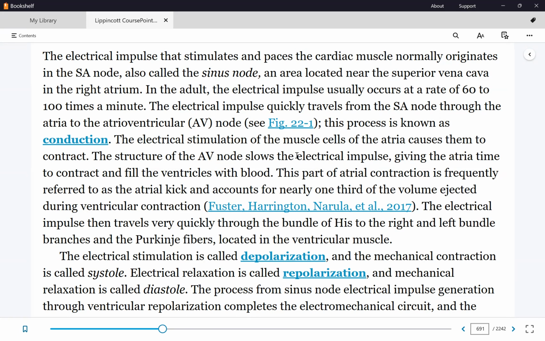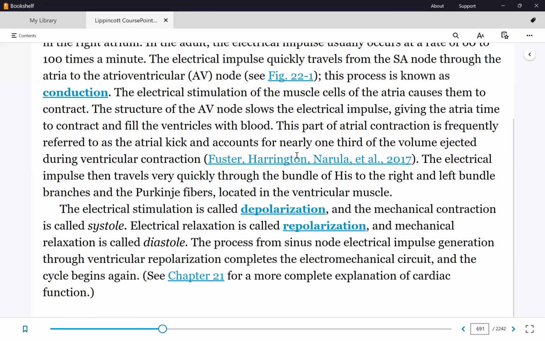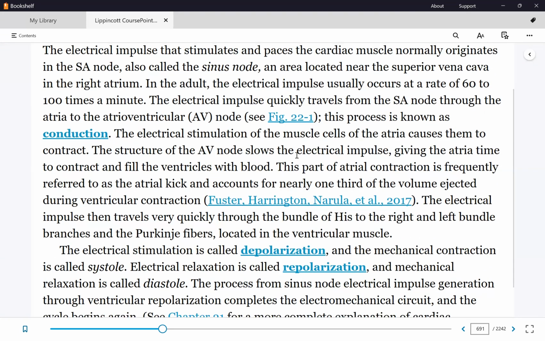It will fire its own impulses because it is a pacemaker. However, it can only fire 40 to 60 times a minute, less efficient compared to the SA node. The AV node is right in the middle where the septum is. I'll show you a picture later.